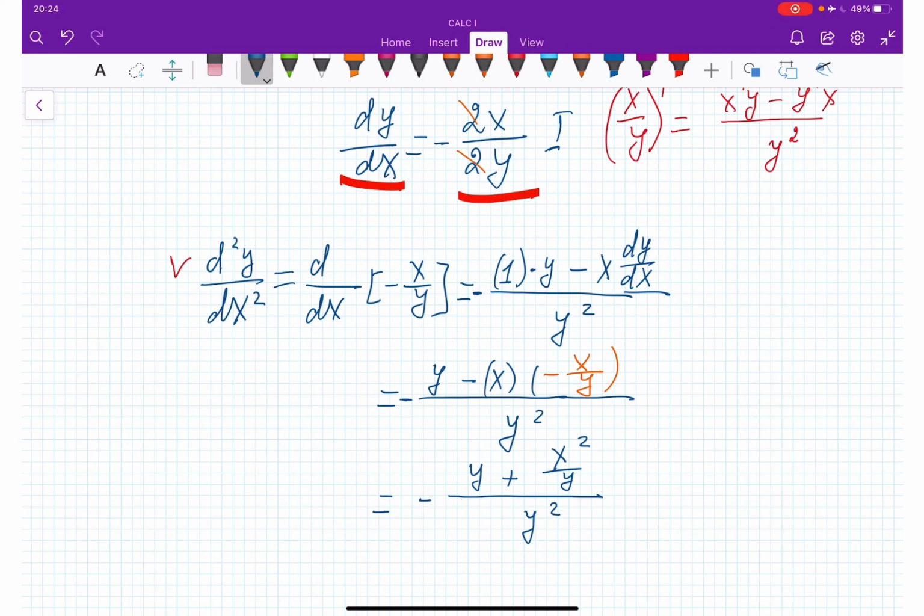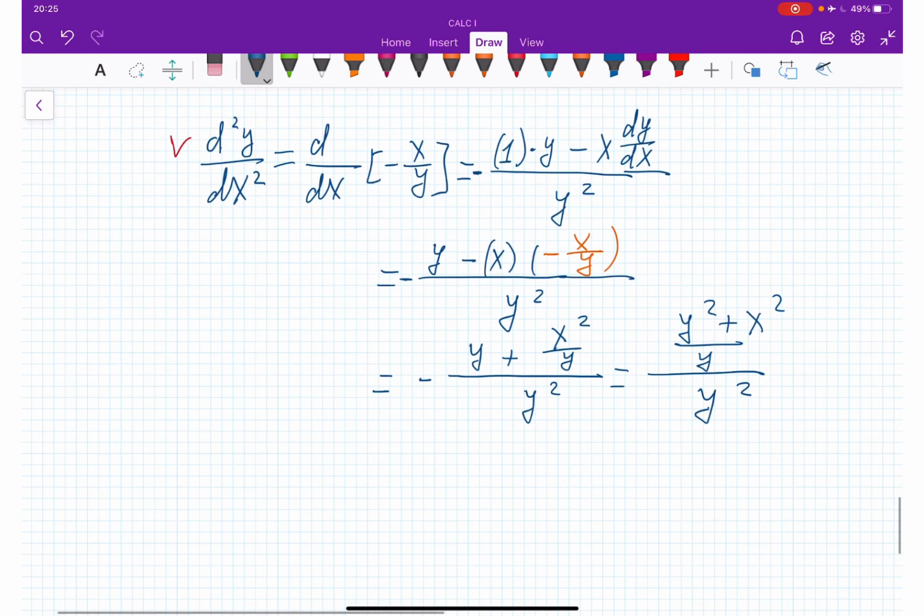And that is going to be equal, bringing to common denominator y, it's going to be y squared plus x squared over y, divided by y squared, right? And if I divide, it's going to be negative y squared plus x squared over y divided by y squared.